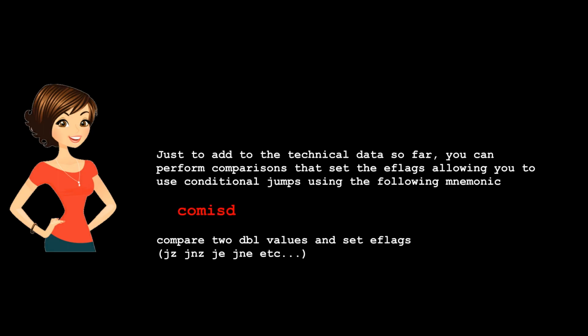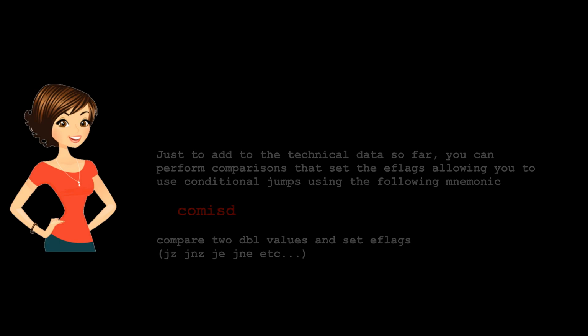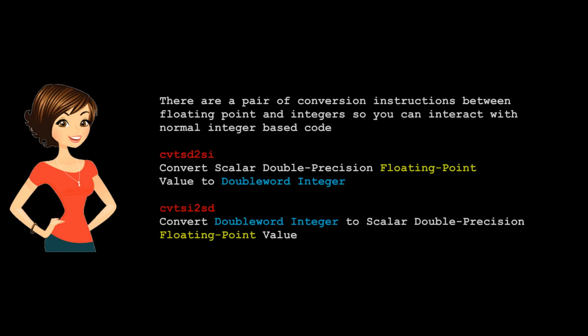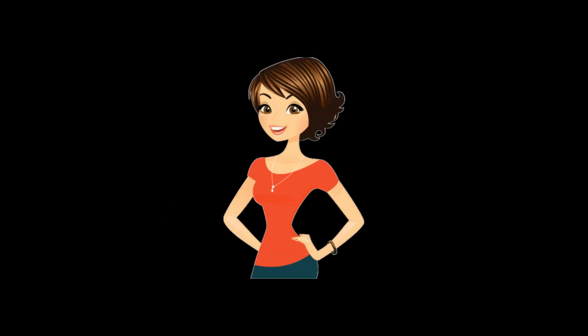Thank you, Henry. Just to add to the technical data so far, you can perform comparisons that set the flags, allowing you to use conditional jumps using the following. There are a pair of conversion instructions between floating point and integers so you can interact with normal integer-based code. This is by no means an exhaustive list of scalar mnemonics, and there are packed double mnemonics that can be used with 64-bit floating point values.